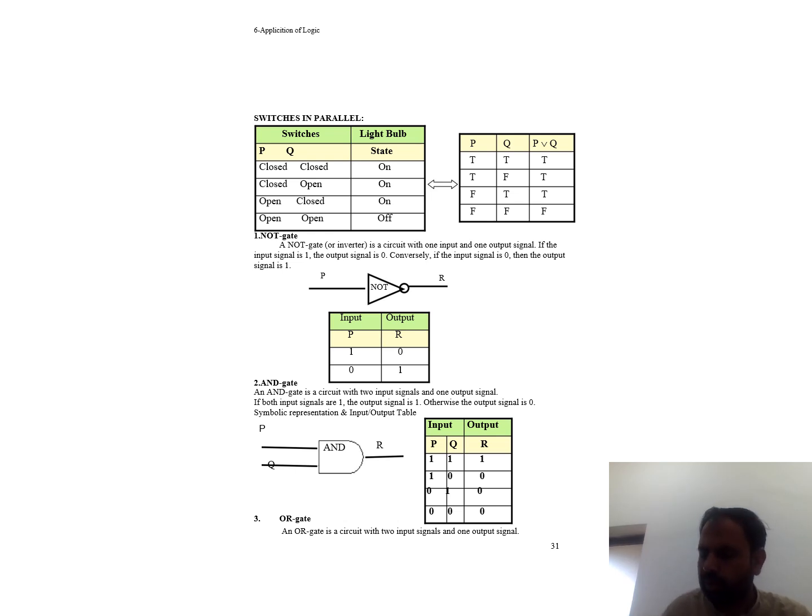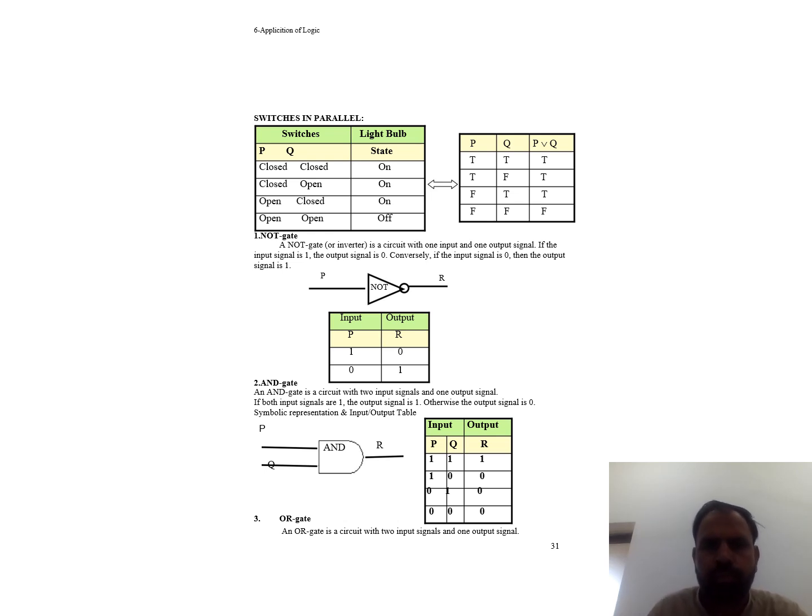In tabular form, P closed, Q closed, then the status is on. Closed, open, then the light bulb is on, and open, closed, the light bulb is on. If P open, Q open, if both are open, then the light would be on.